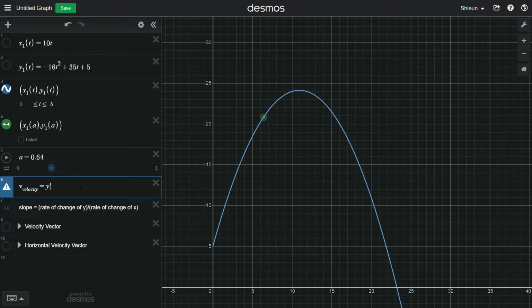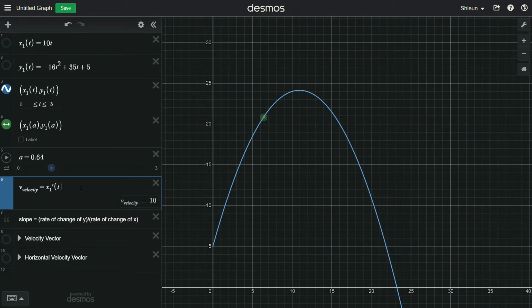Now, if we're trying to show just the derivative of the x component, which in this case would be x sub 1, you say x sub 1 and then put the prime afterwards. We'll put t just so we have that. And so what this tells us is that for this particular function of x sub 1 of t, the simple one where it's just 10 times t, as I apply the prime here, the derivative of x of t is 10.